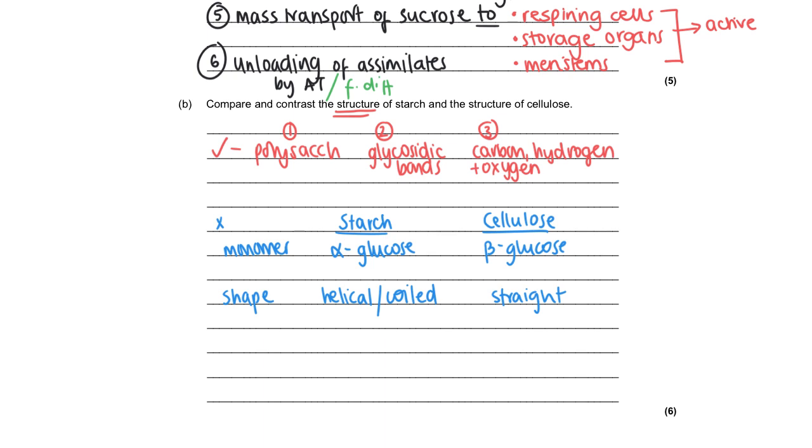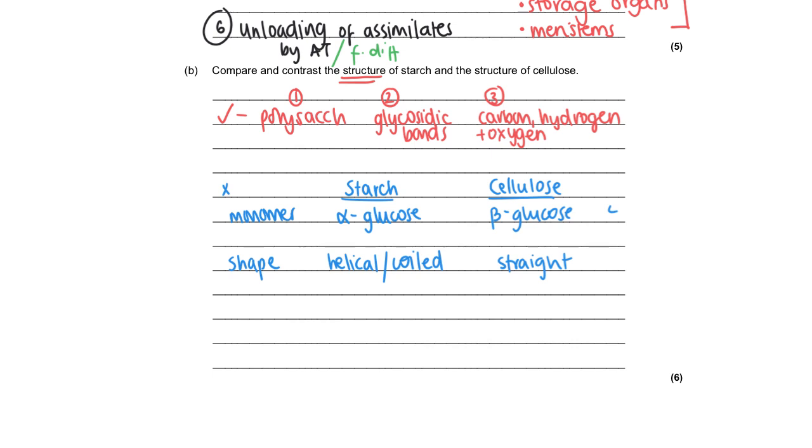But another point that you could have said, so that is mark 4, that is mark 5. Mark point 6 is to say that starch is branched. But if you're going to say starch is branched, you have to say cellulose is not, or cellulose is unbranched. You can't just have that standalone sentence that starch is branched without mentioning cellulose.